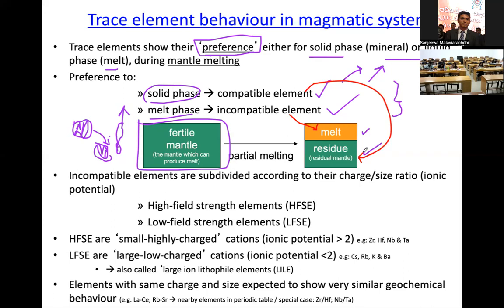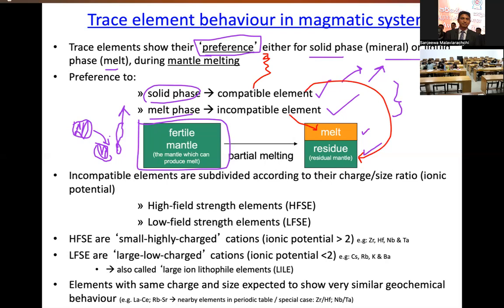Well, this is mainly controlled, but it doesn't mean that all the compatibles will remain in the residue. It's just a preference only. There is still a possibility for these compatible elements also going into the melt. That is possible, but not much relative to the incompatible elements.